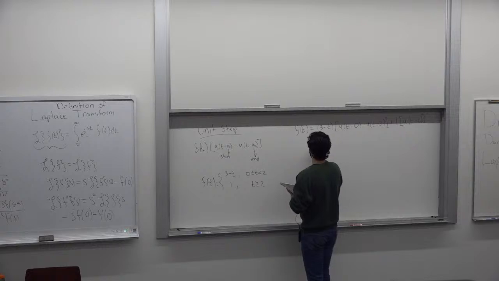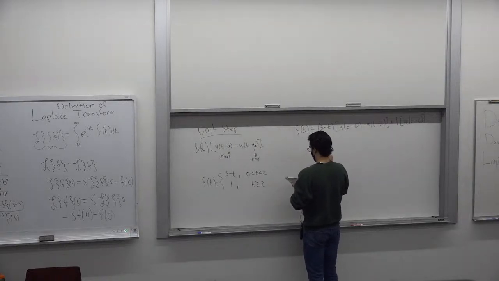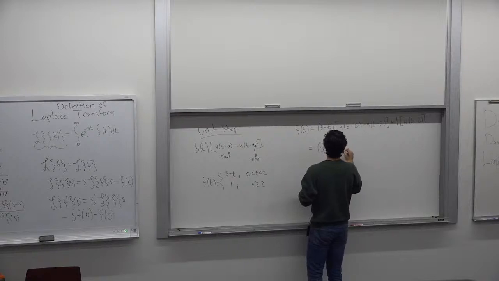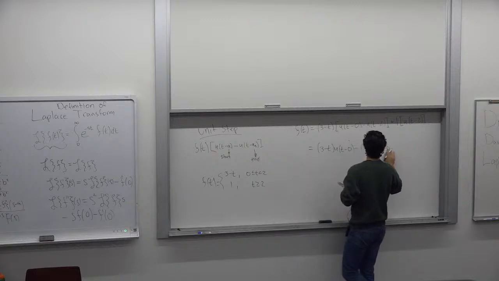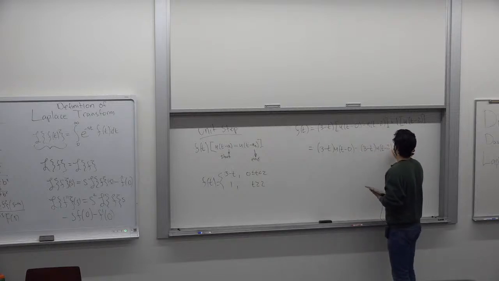So if we keep going, we have (3 minus t) u of t minus 0, minus (3 minus t) u of t minus 2, plus u of t minus 2.